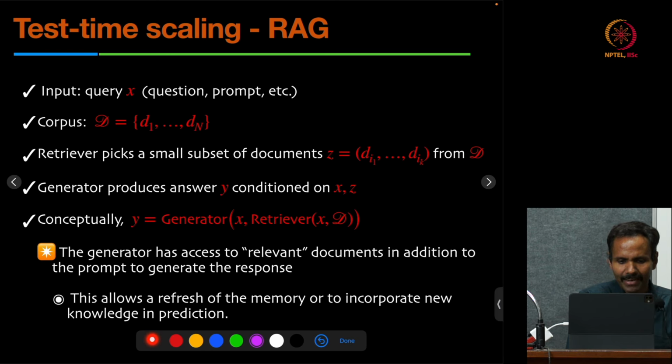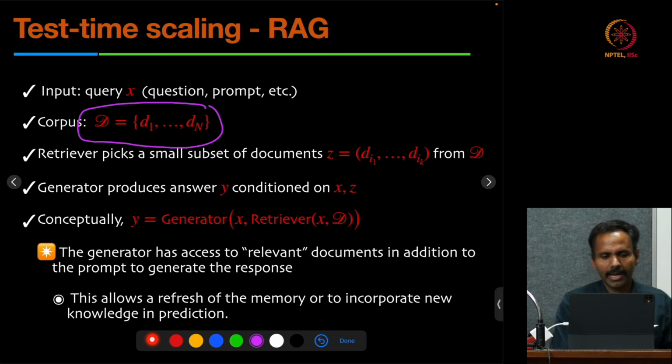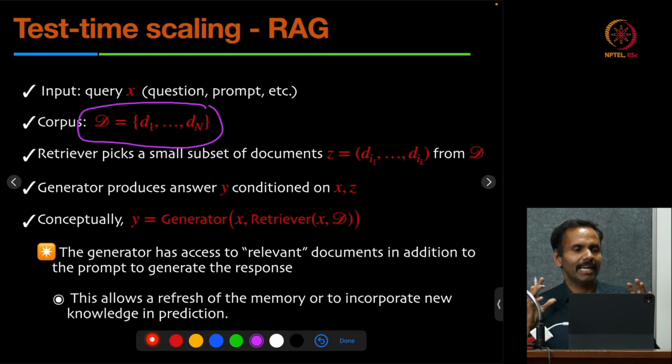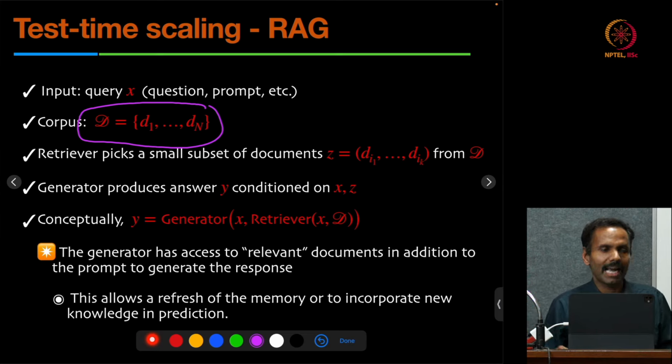So suppose I have a corpus of documents. In some cases this corpus is not well defined, so assume for now that there is a defined subset of documents that you have. Say, for example, I am asking a question about the premium that I have to pay for a life insurance policy from the government of India or from a private entity, with so much coverage and other choices that I want to make.